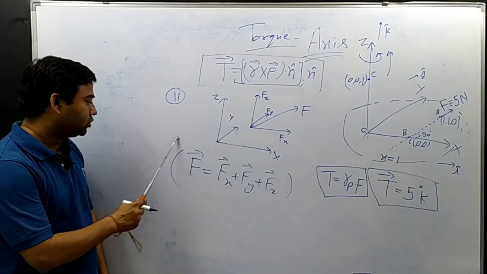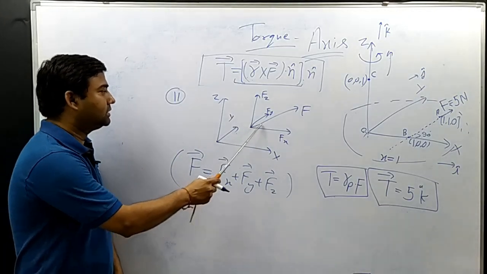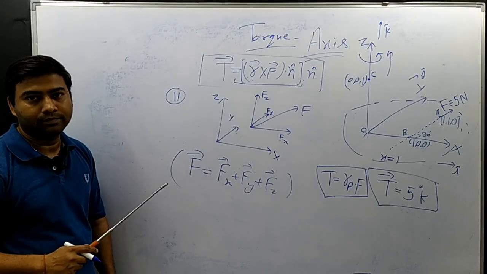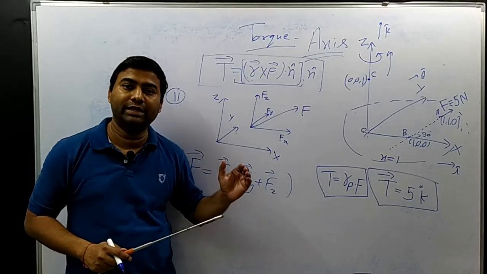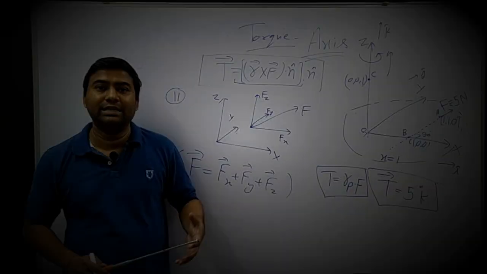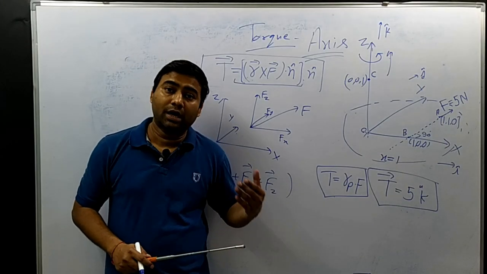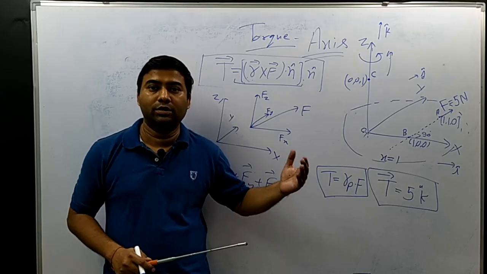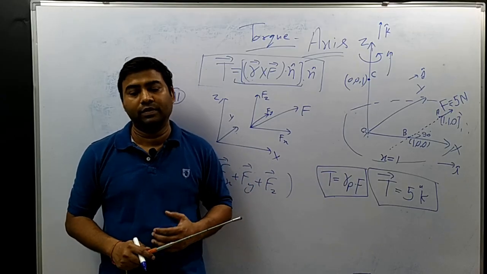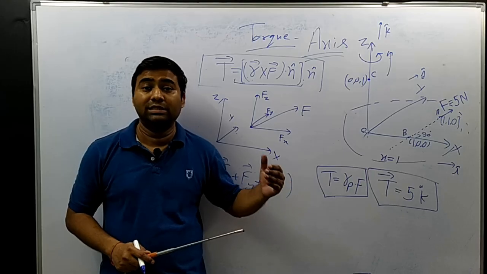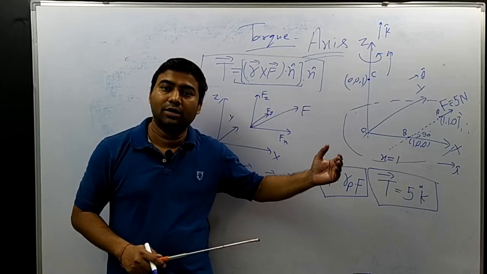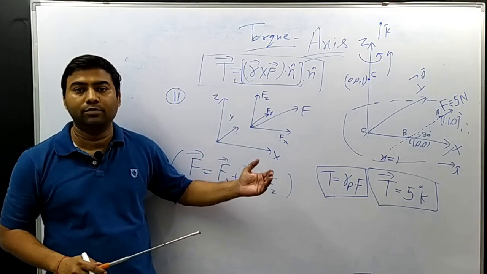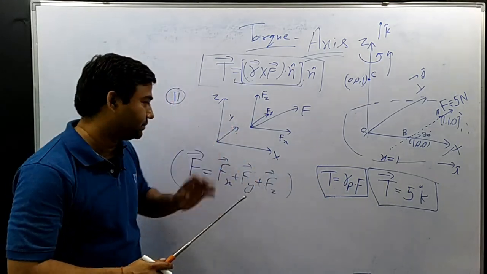That net torque will be the torque of the resultant force. This is a theorem called Varignon's theorem, which says that the torque of a force about a point or axis is equal to the sum of the individual torques of its components about the same point or axis.